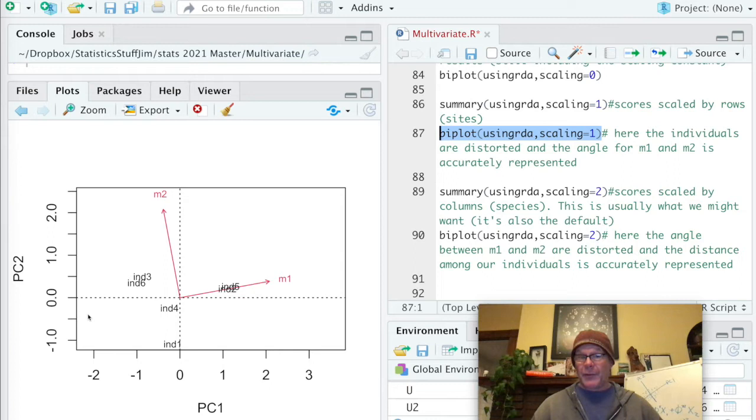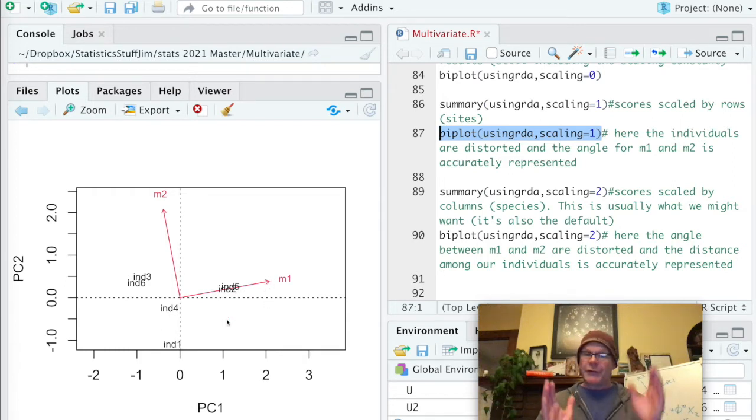And remember when we were thinking about the loadings, that M1 was loaded really heavy on PC1. Okay, and notice that it's really, really parallel to it. So it's strongly correlated with it. And then you'll also remember that the magnitude of M1, right, was big. And its bigness is reflected by how long the arrow is.